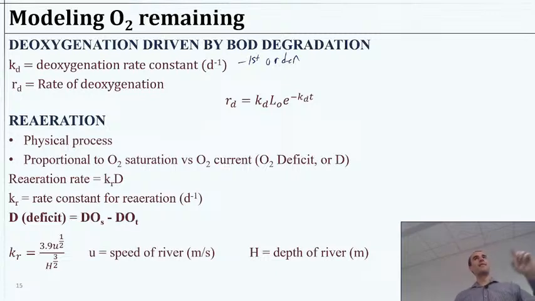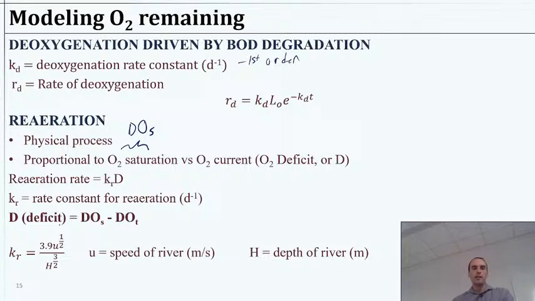It's the amount of dissolved oxygen missing compared to dissolved oxygen at saturation. So DOs here would be the saturation condition, versus the current, which would just be DO, or DO at some time t.